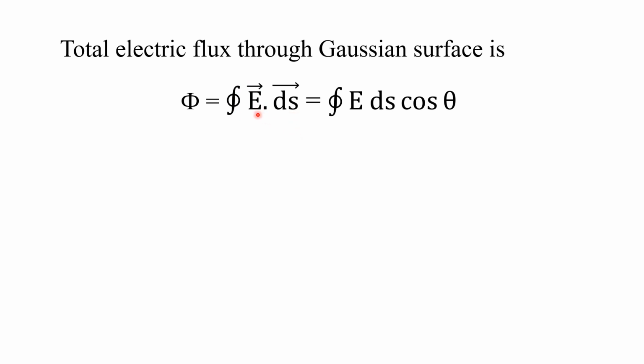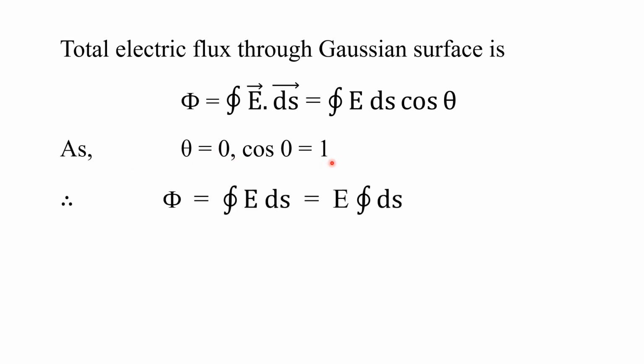Now E dot ds is equal to E ds cos theta. So the closed integral of E ds cos theta, as theta is equal to 0, cos 0 is equal to 1. Therefore phi is equal to the integration of E ds, which is E times the integration of ds. Here E is constant and ds is variable, so we keep the variable quantity ds in the integration.